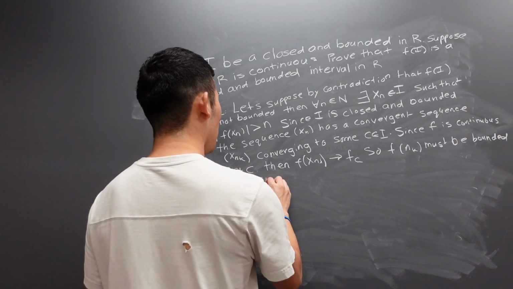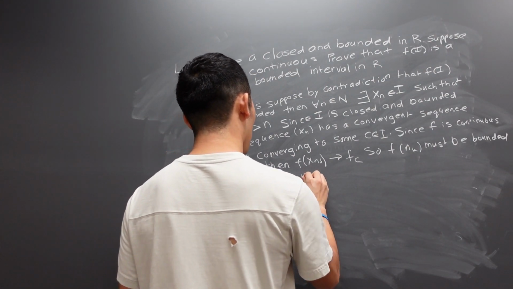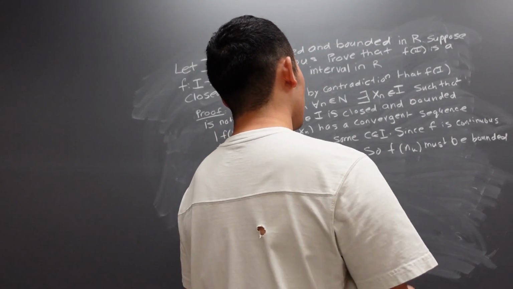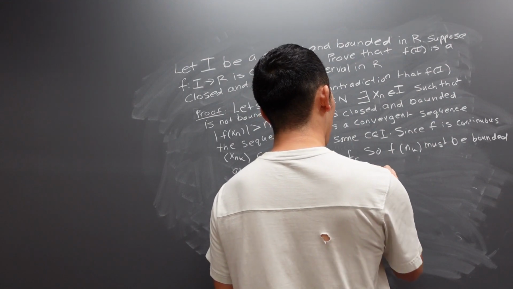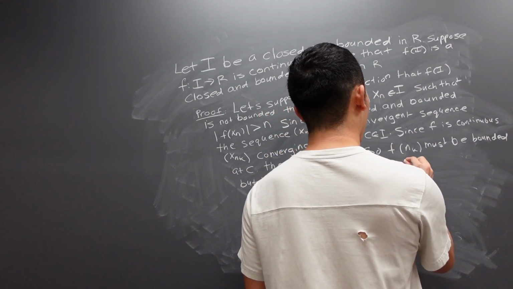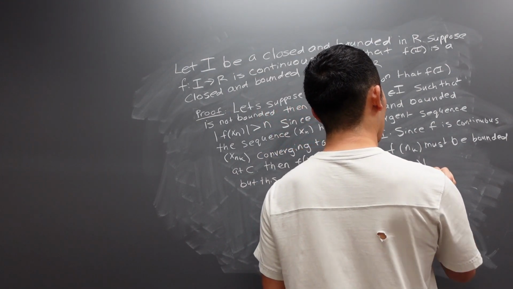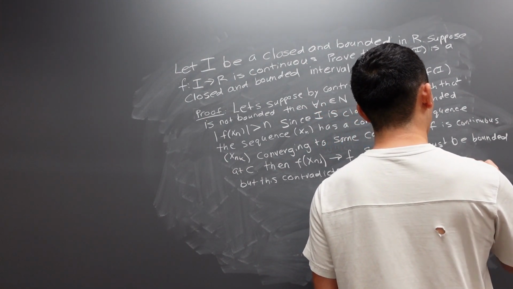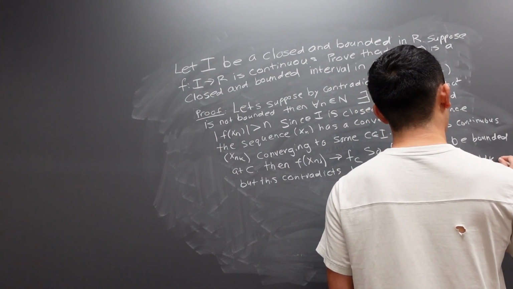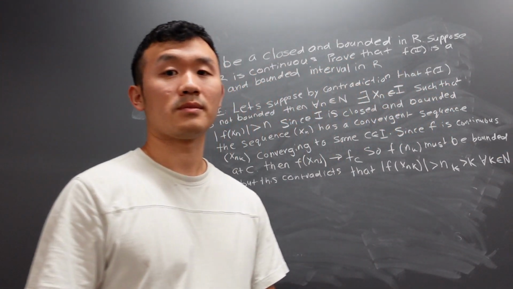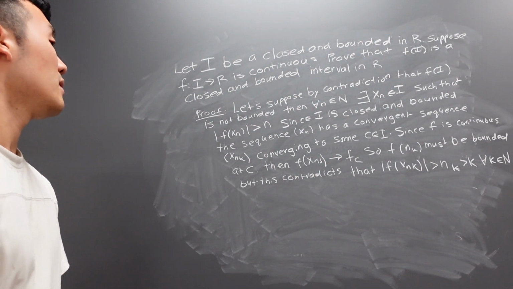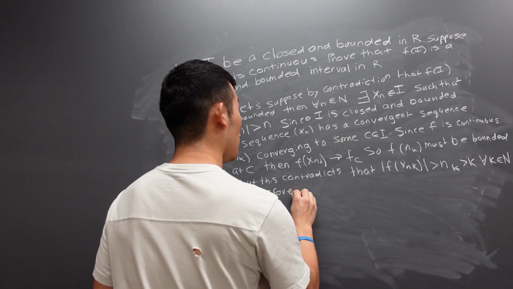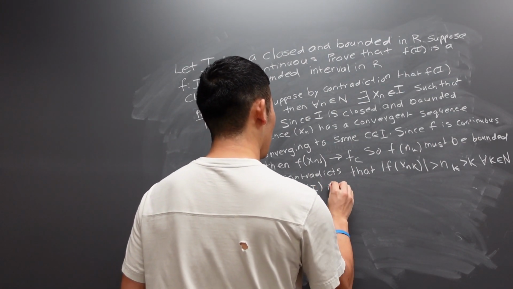But this contradicts that the absolute value of f of xnk is greater than nk and greater than k for all k inside of N. Therefore, f of I is bounded.